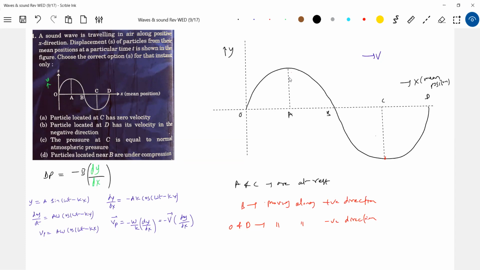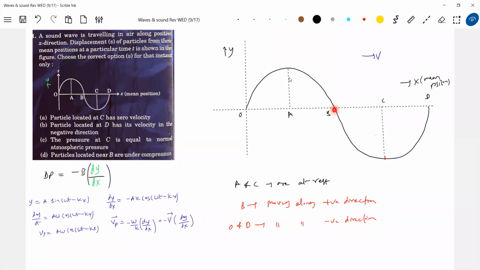Only at the mean position there is compression or rarefaction. Kinetic energy and the strain energy will be maximum at the mean position. So the pressure at A and C should be equal to P naught, normal atmospheric pressure. B and D, what happened? It will be excess pressure.